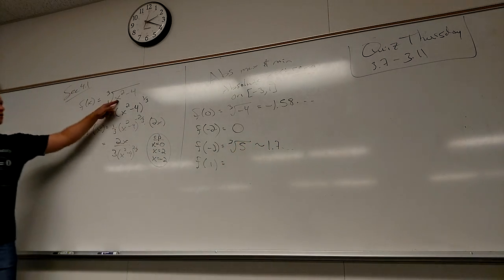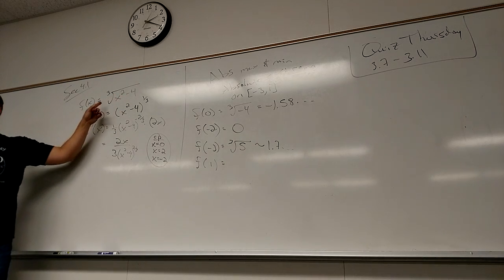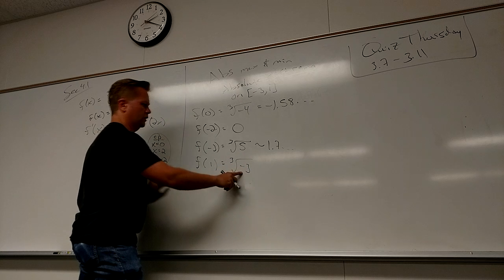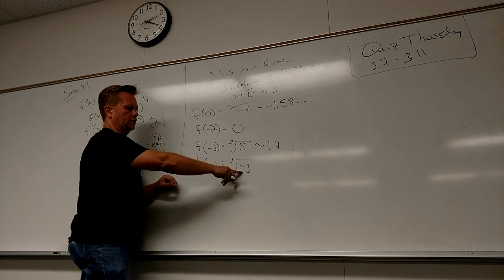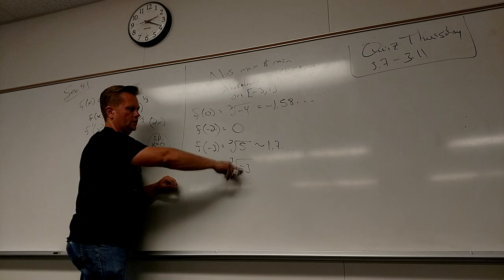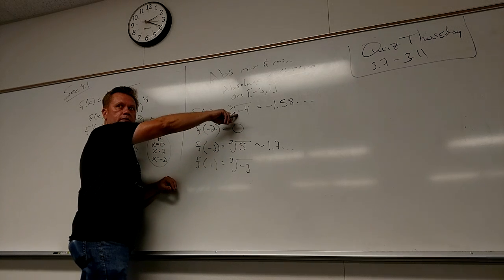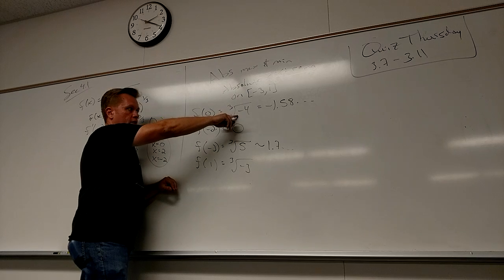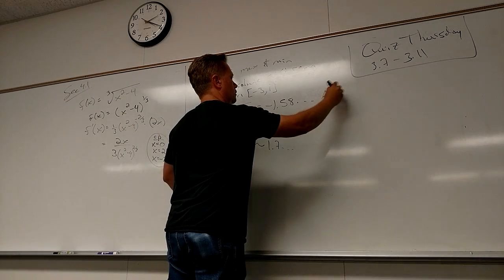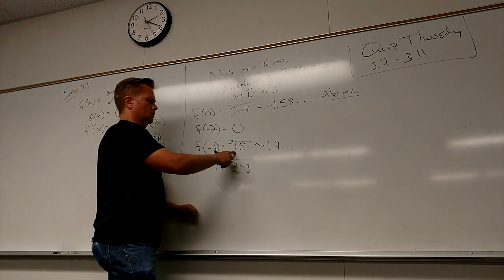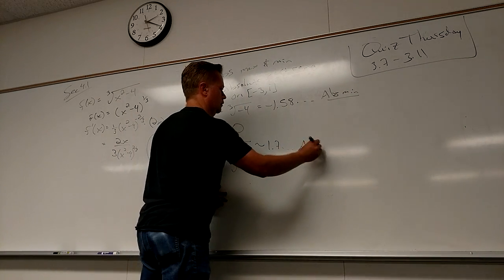And f of 1 is the cube root of -3. So he's definitely not the smallest, and he's certainly not the biggest because he's negative. There's something bigger and smaller than him, so this one is going to be the absolute min, and this one is going to be the absolute max.